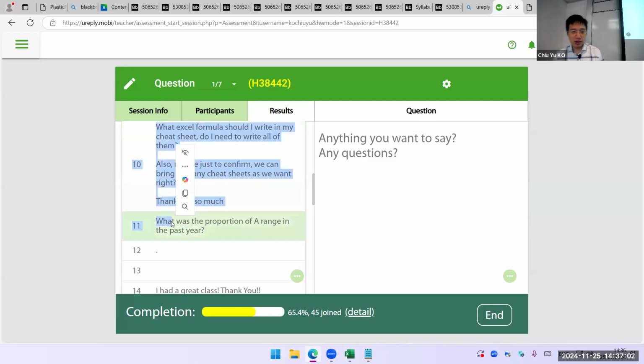As for the proportion of A range, historically I think it's like 30% or something, the same as every other class. My class is not particularly different. The median grade is B plus in general. If you get 30 to 50, 60, you get B plus, and then B and B minus and so on.